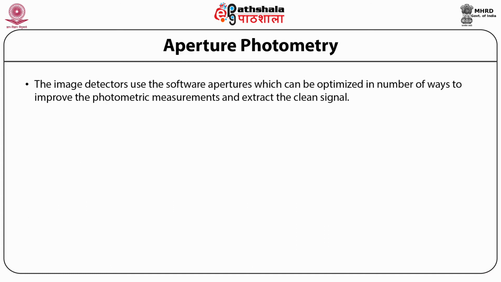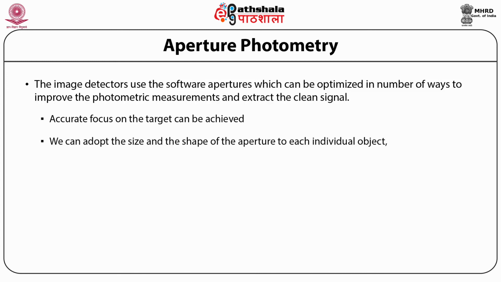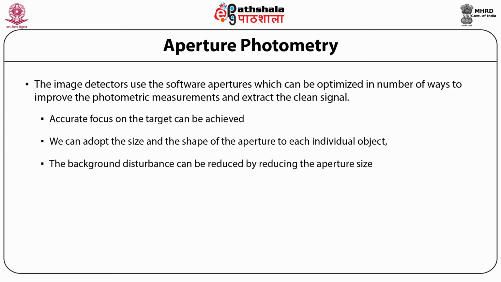So the image generators use software apertures which can be optimized in a number of ways to improve the photometric measurements and extract the clean signal. Aperture focus on the target can be achieved. We can adapt the size and the shape of the aperture to that individual object. The background and disturbance can be reduced by reducing the aperture size.